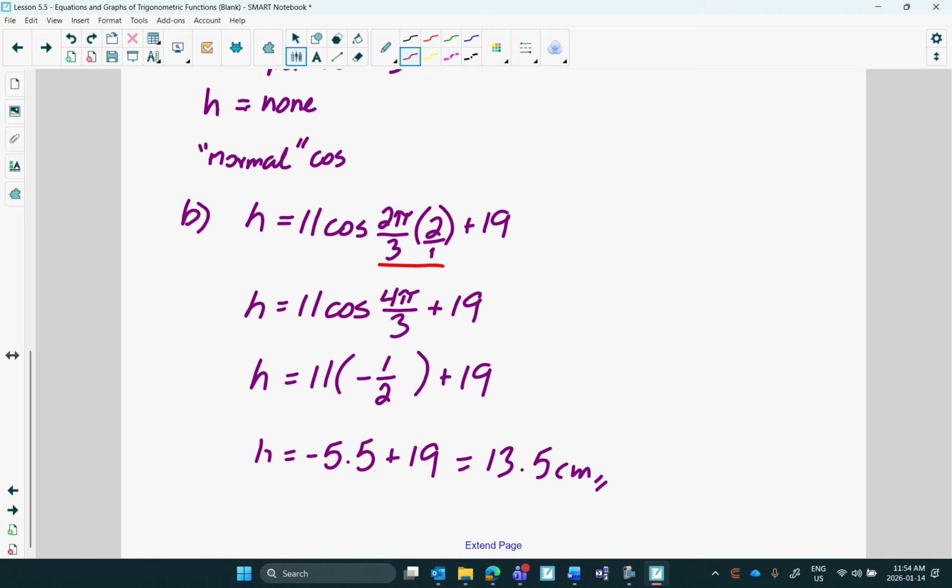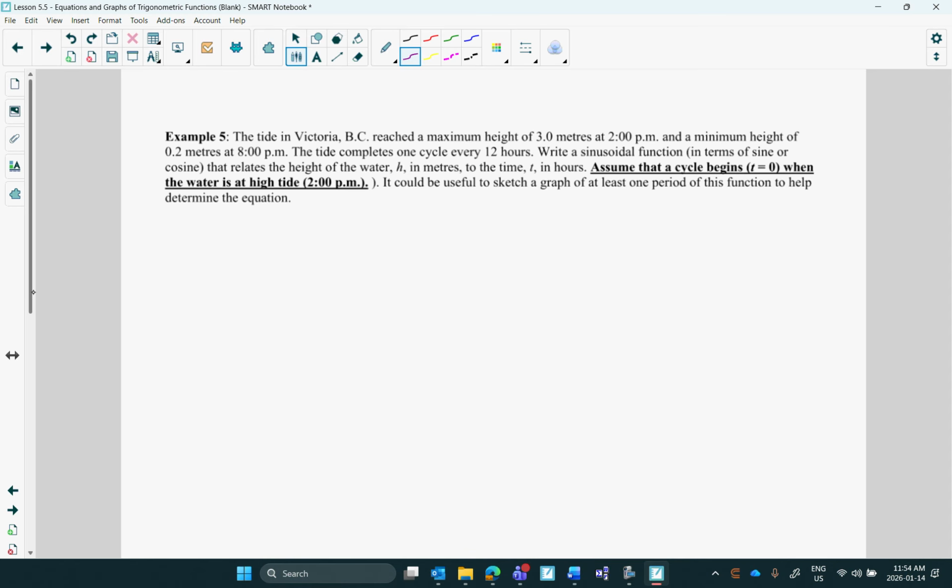Okay, let's look at the last one. Here's another example of something that occurs in cycles, which is tides. Now, notice you are asked to write the function.